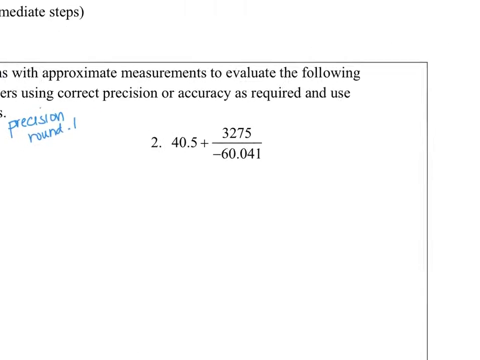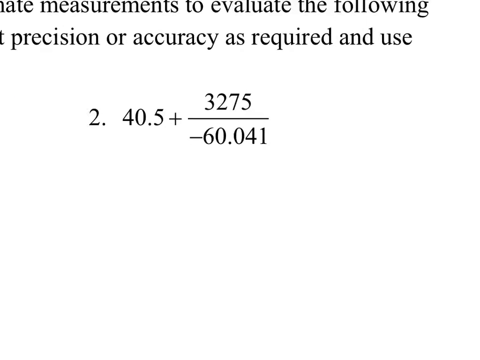Okay, for number 2, we have a mix here. We have division and we have addition. So this division part, we have to worry about accuracy, which is significant digits. Well, there are 4 sig figs here, and there are 5 sig figs here.